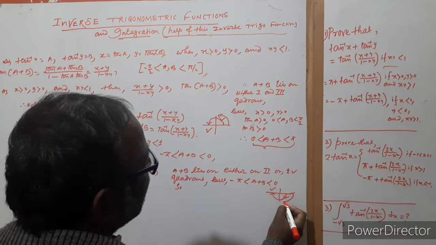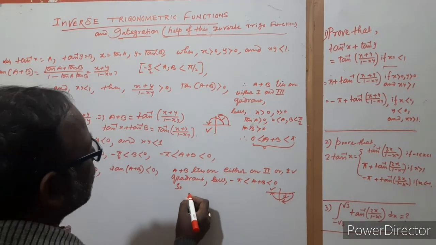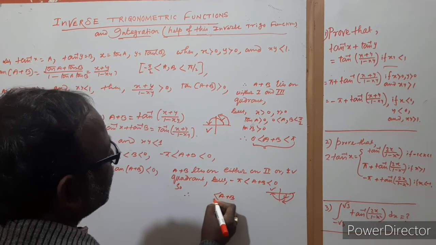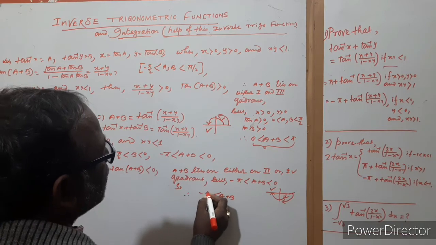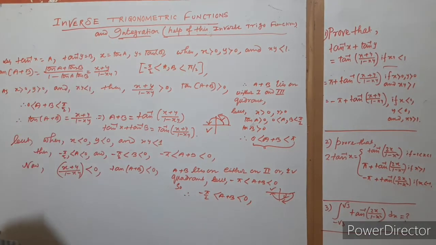So it is exactly in the range minus pi to 0. Therefore a plus b lies between minus pi by 2 to 0.